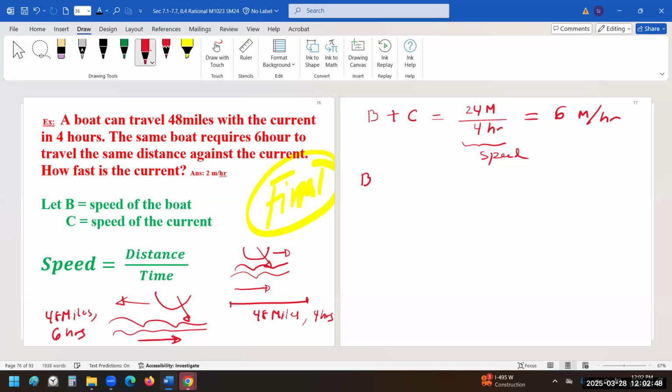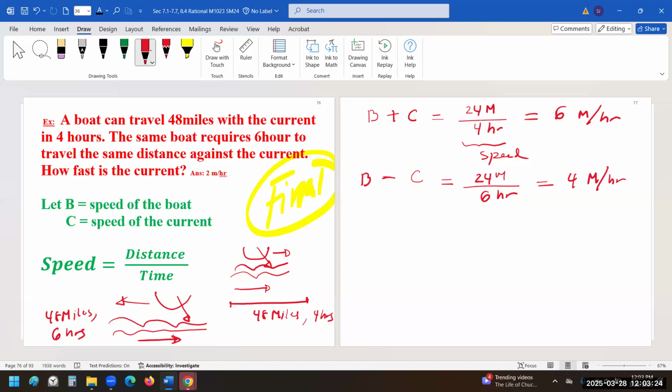Your speed means your boat speed minus the speed of the current. And this time you're taking 48 miles in how many hours? 6 hours. So what's the speed this time?